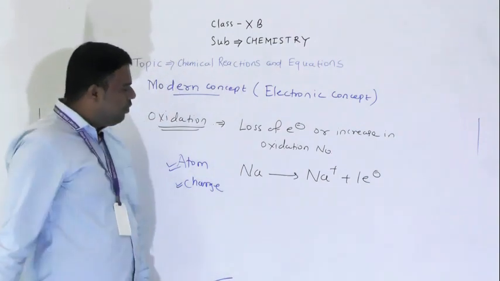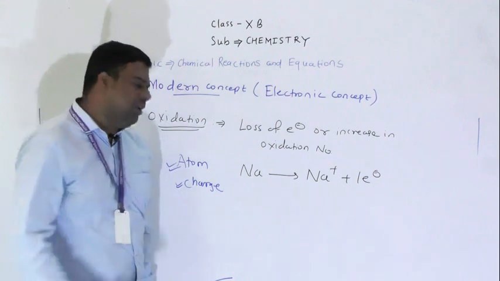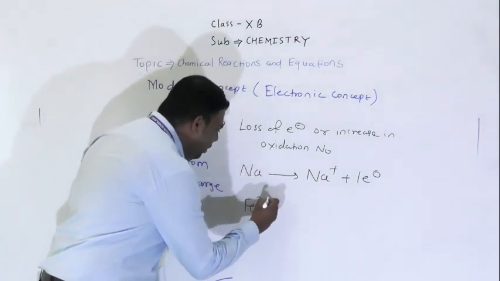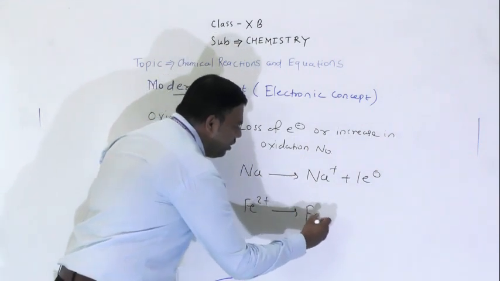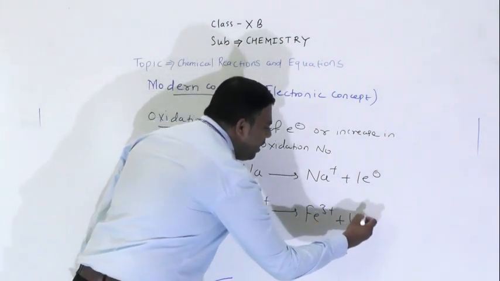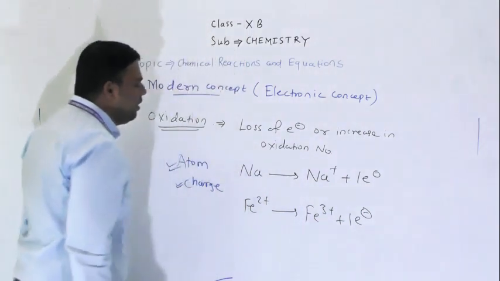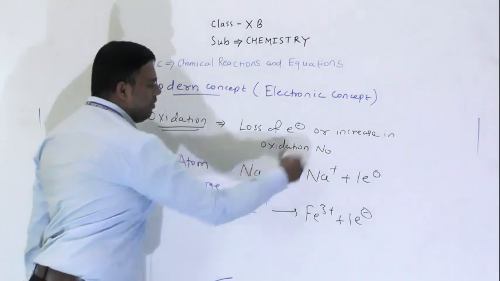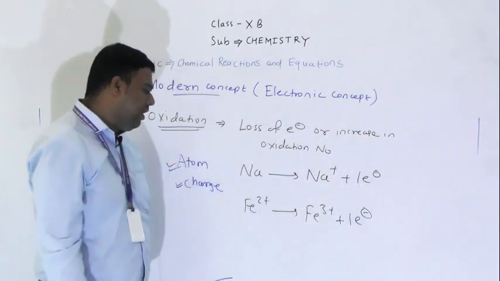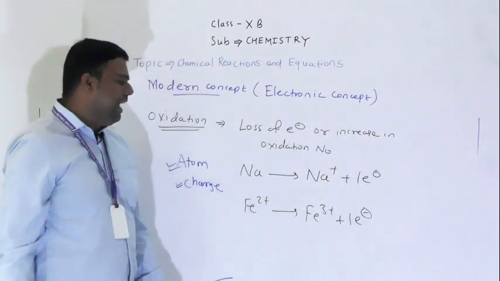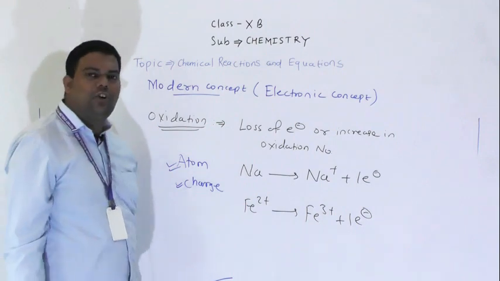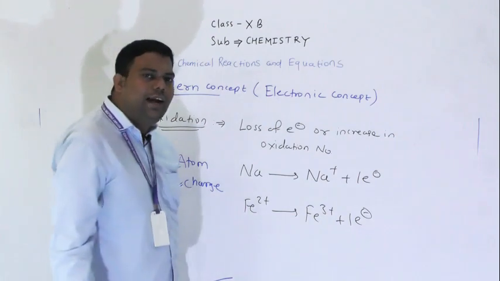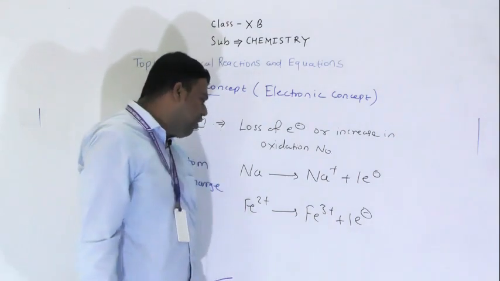Okay, now we will discuss one more example. Fe2+ gives Fe3+ plus 1 electron (e-). Okay, so that metal loses electrons. See here, loss of electron. So here we have to check whether this atom and charge is balanced or not.